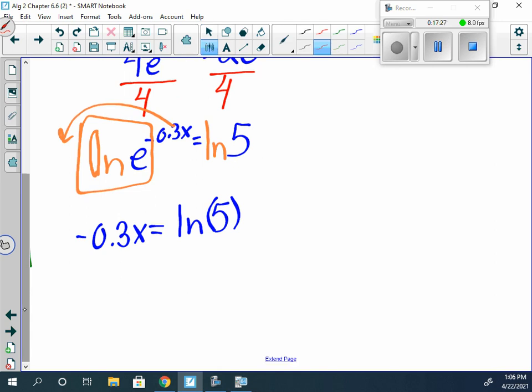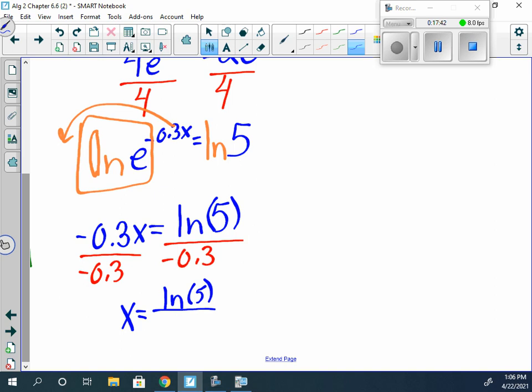Well, we're almost done. What do we need to do? Divide both sides by negative 0.3, which tells me x is the natural log of 5 divided by negative 0.3. And again, at this point here, we just need to type it in. And luckily, with natural logs, we don't have a base to deal with because it's understood to be e.